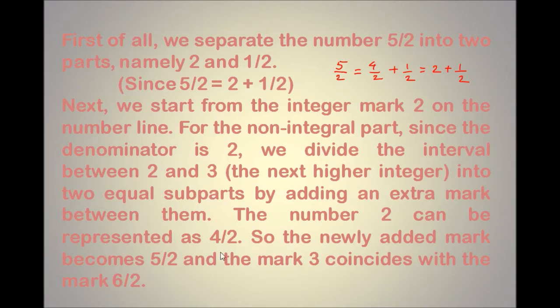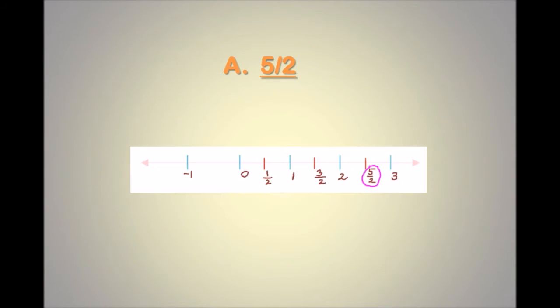So the newly added mark becomes 5 by 2 and the mark 3 coincides with the mark 6 by 2. So let us see. Over here, see, this is the 2 mark and this is the 3 mark. And we have divided this interval between 2 and 3 into 2 equal subparts by putting this extra mark in between.